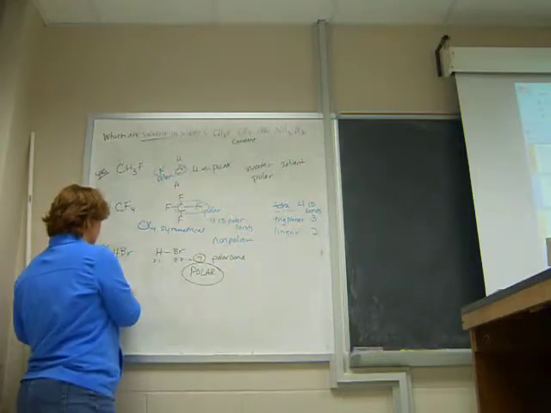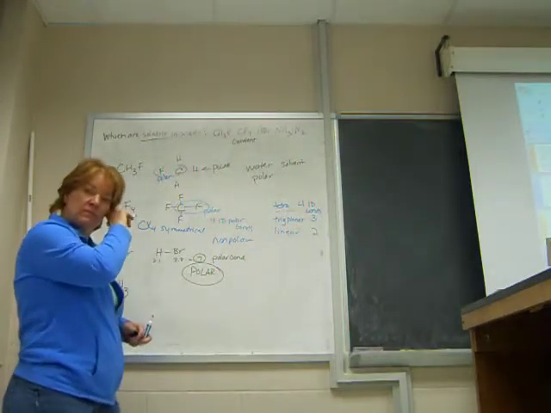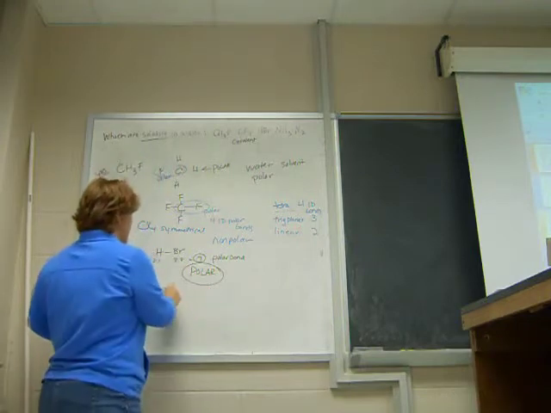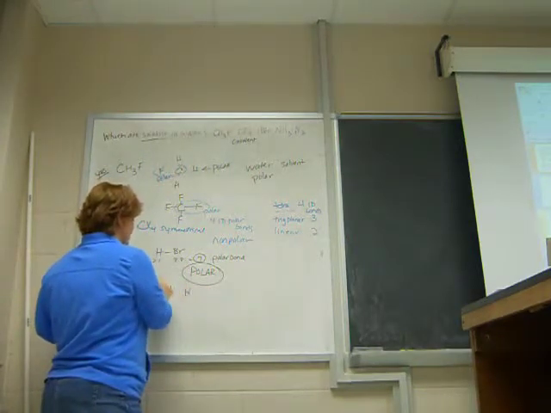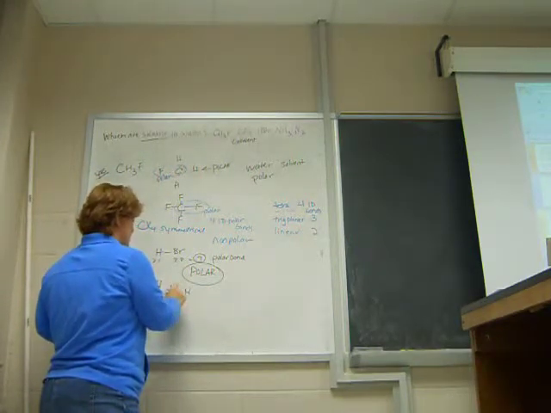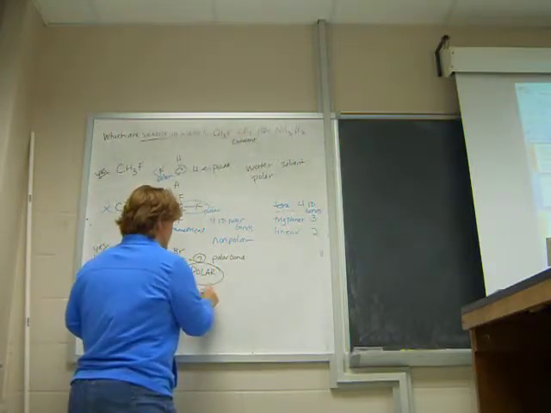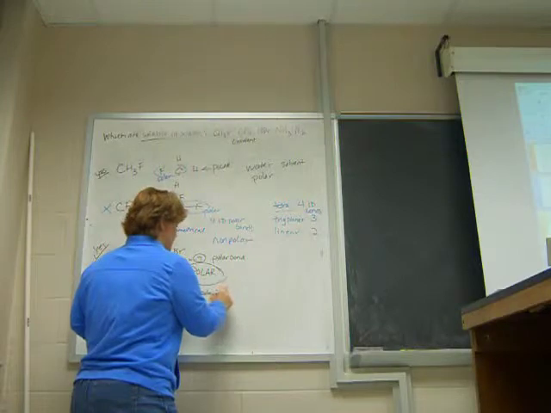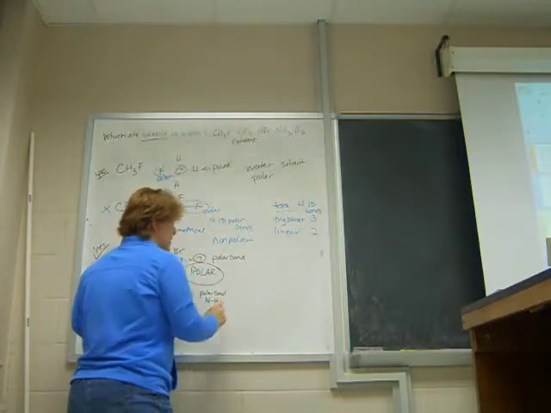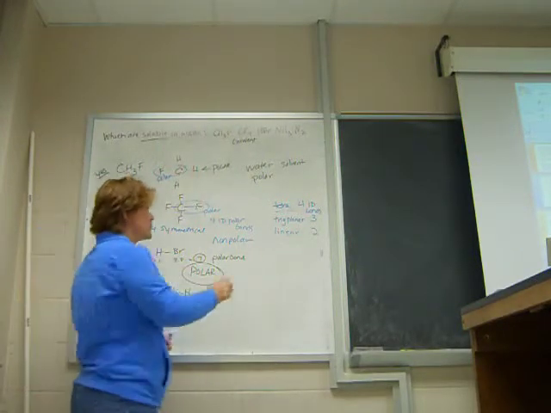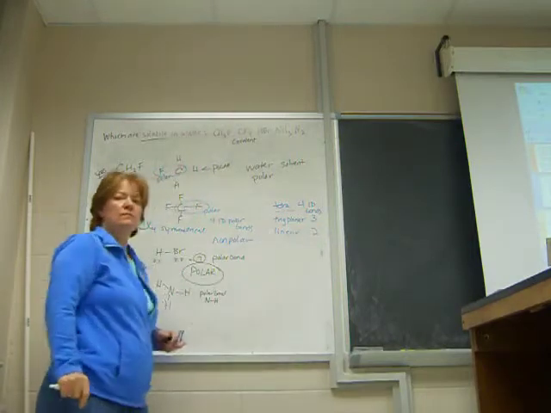NH3. So I see this and I'm thinking, well, N, H, H, H. I've memorized that NH is a polar bond. So this looks like I might have those three identical polar bonds.